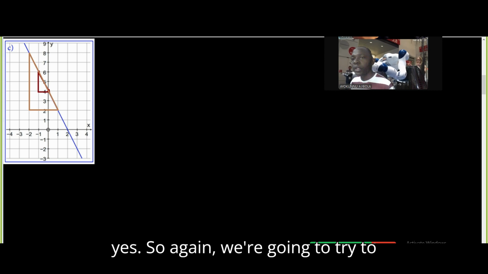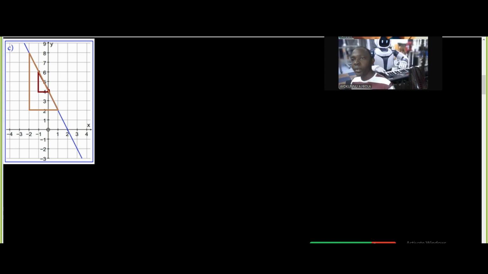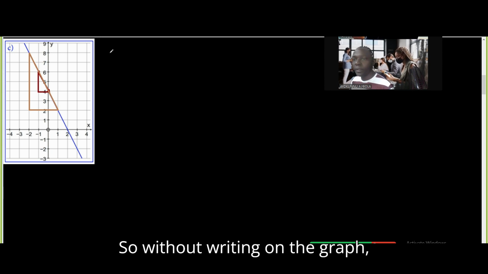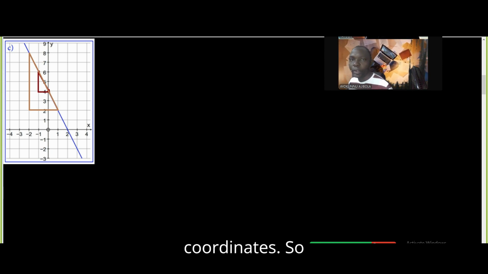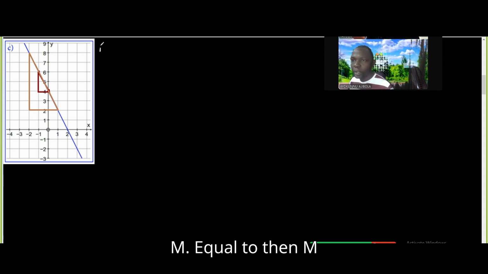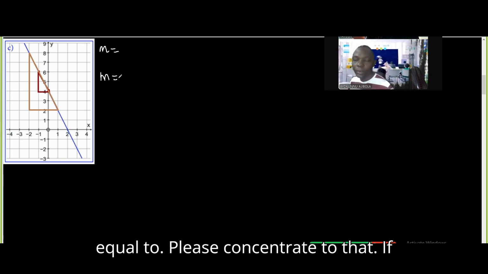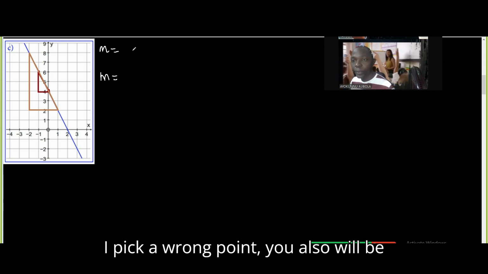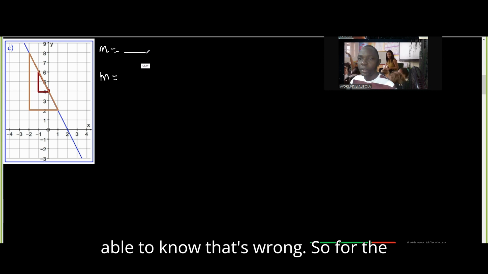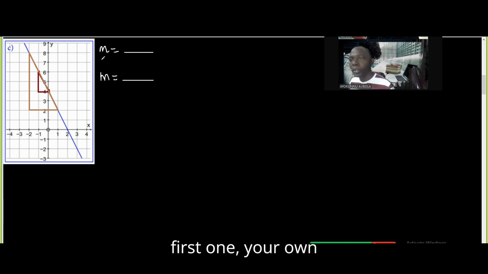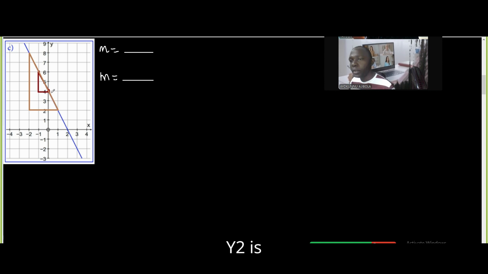So again, without writing on the graph, I'm just going to identify the coordinates. So m equals... Please concentrate so that if I pick a wrong point, you will also be able to say, no, that's wrong. For the first one, y2 is 4 minus y1 is 6.